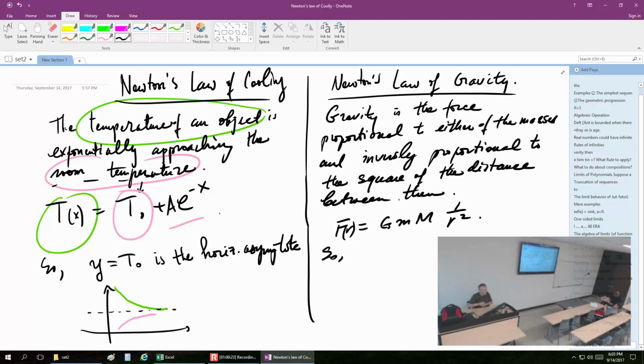Can you put it in the language of asymptotes, or what's the limit? The limit is 0 as r goes to infinity. So in other words, y equals 0 is a horizontal asymptote.